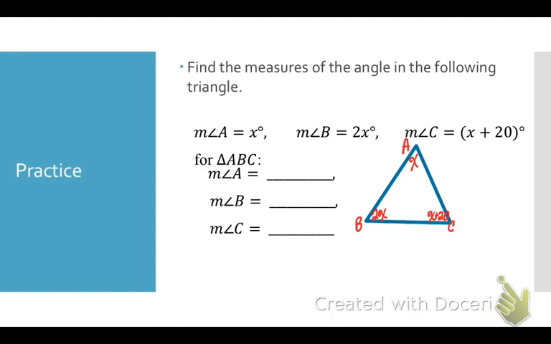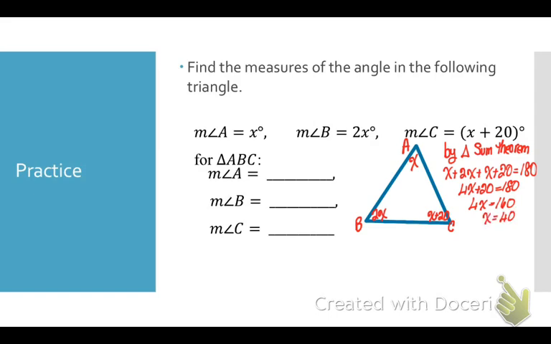It's just a visual aid. Okay, well, I know the triangle sum theorem says that all of those angles together, A plus B plus C, has to equal 180. So x plus 2x plus x plus 20 has to equal 180. So I'm going to combine my like terms. I'm going to get 4x plus 20 equals 180, and then I'm going to solve that two-step equation and get that x equals 40.